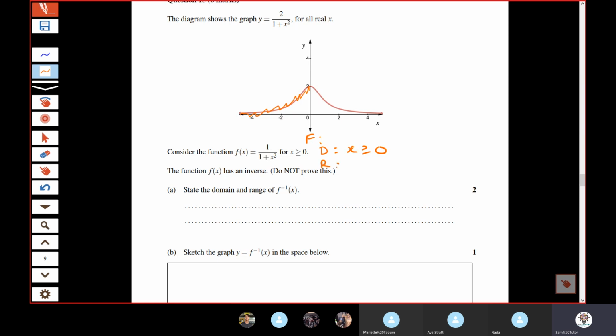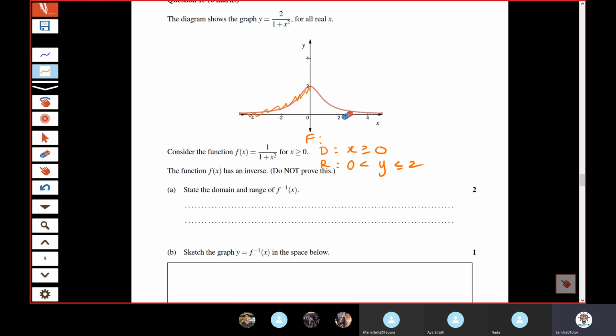And can someone tell me what the range is of the original one right here? Between 0 and 2. Including 0 or not including 0? Including? Nah, no way. It's an asymptote. It's approaching, does not equal 0.